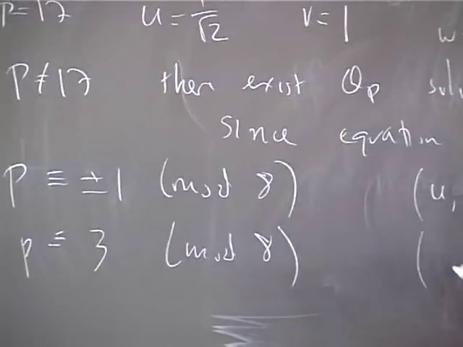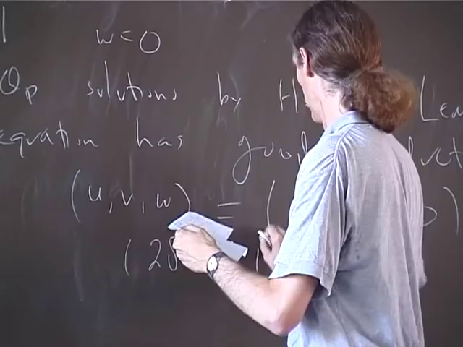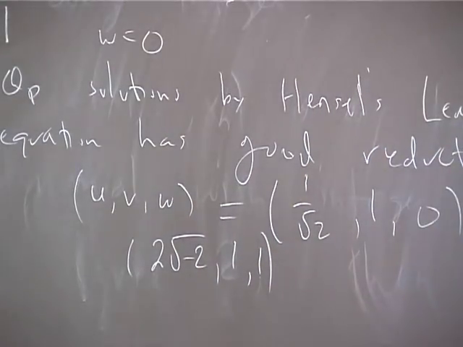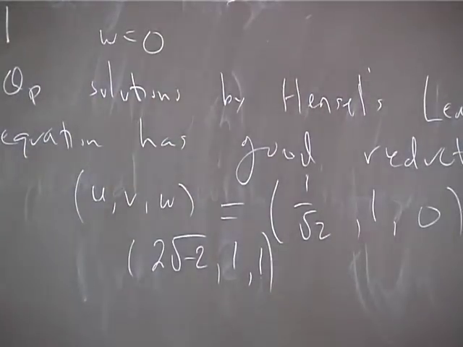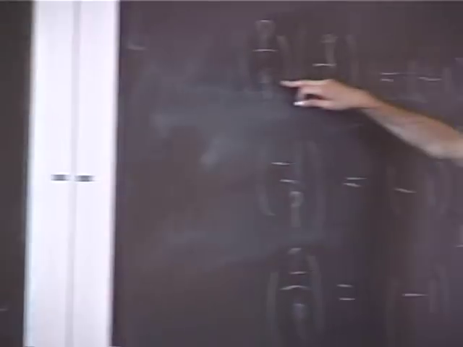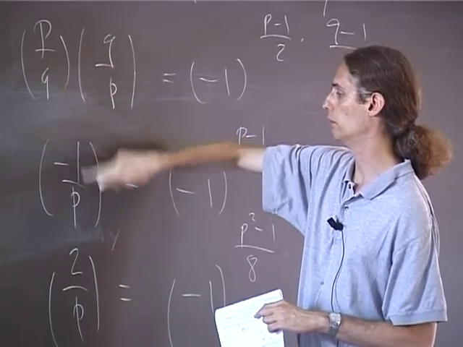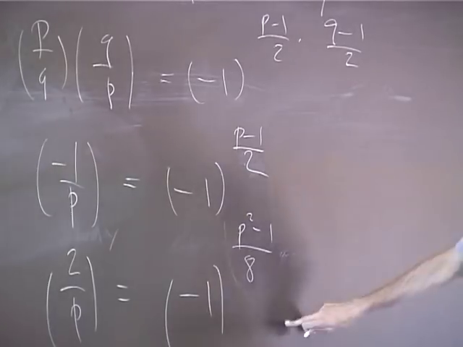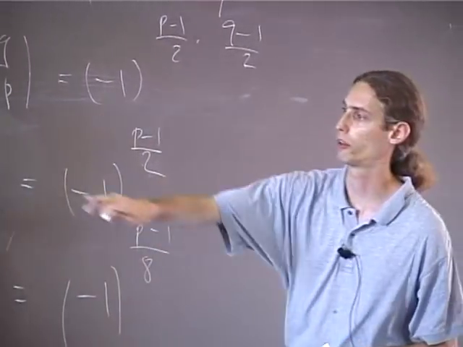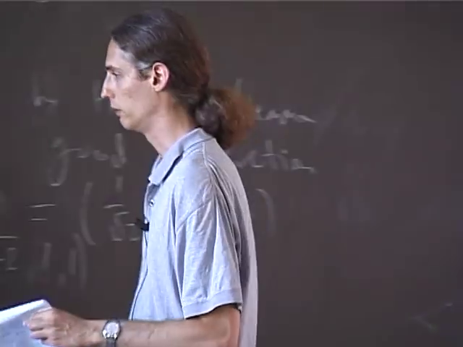And what else? p is 3 mod 8. Then we can do something like this. And of course, being a quadratic residue or not is multiplicative. This is to be a quadratic residue modulo p, let's say. So for minus 2, you use both of these conditions, and you see that for p 3 mod 8, minus 2 is a quadratic residue.